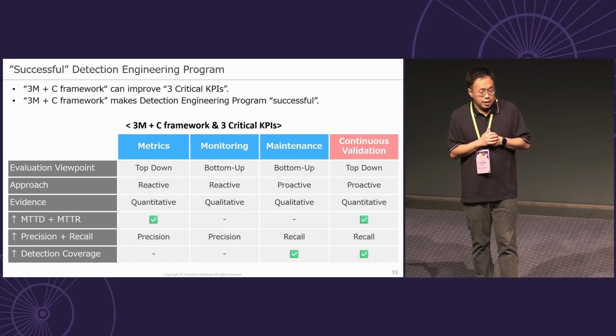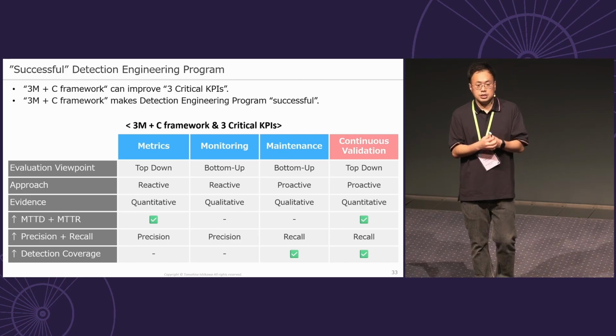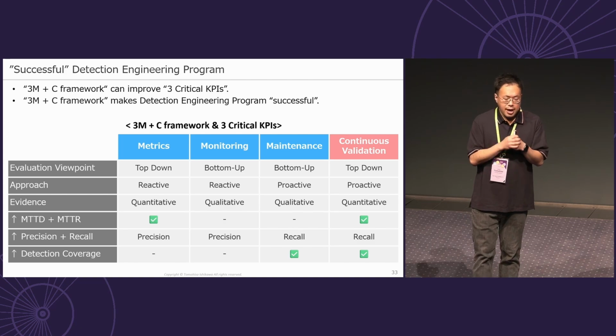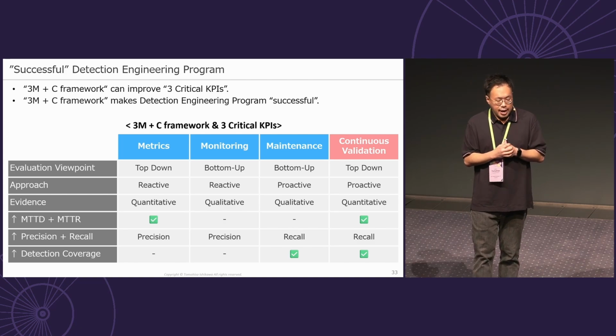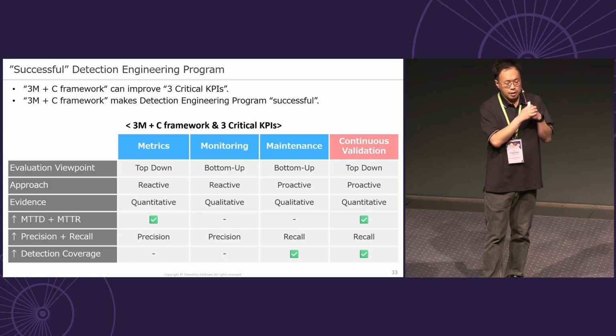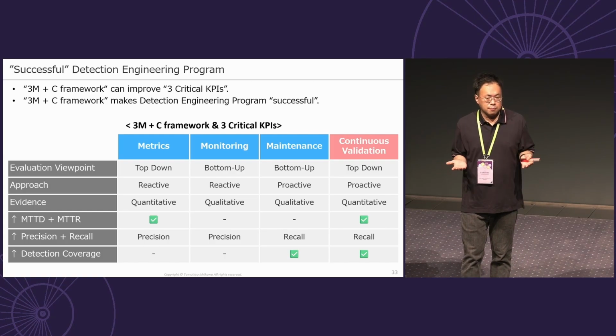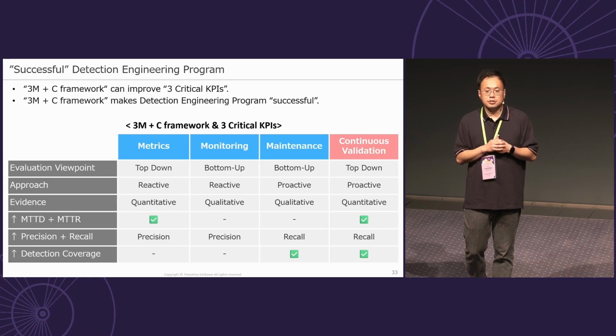Another example is continuous validation. This is a much more top-down approach. It's very proactive and also quantitative. This improves the mean time to detect and mean time to respond. It also improves the recall, which is the decrease of false negatives, and also detection coverage.